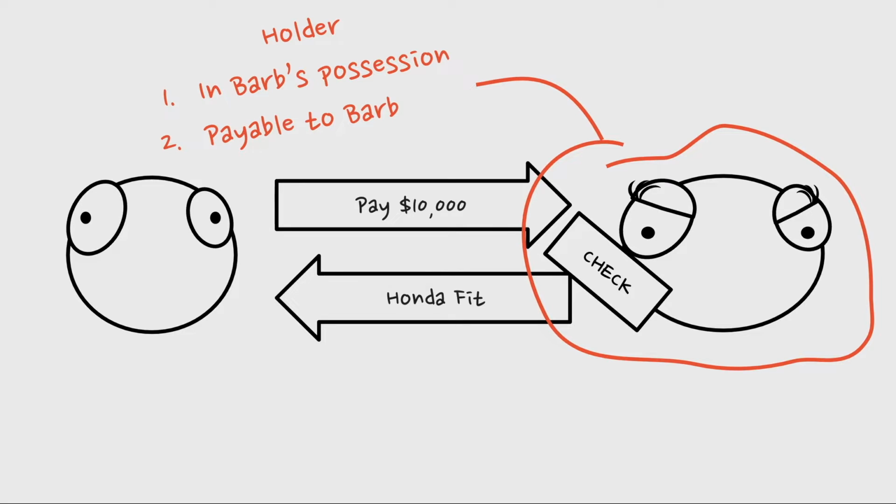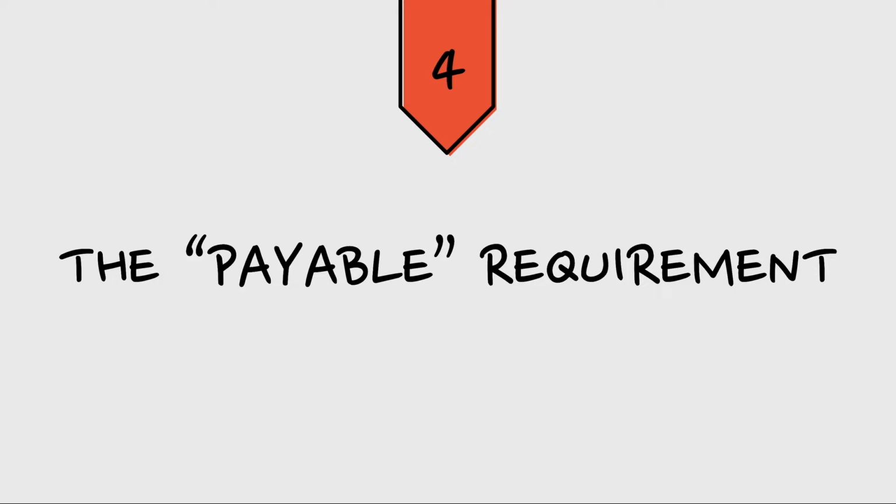But also, the normal way one writes out a check is it says payable to the order of the payee. In this case, Barb. He would write it out and say payable to the order of Barb. It would be payable to her. And so if it's payable to her, after this initial issuance of the check, she would be a holder.